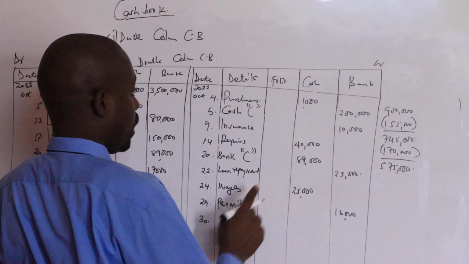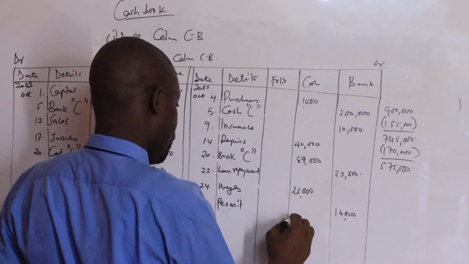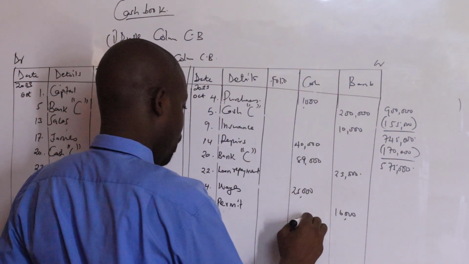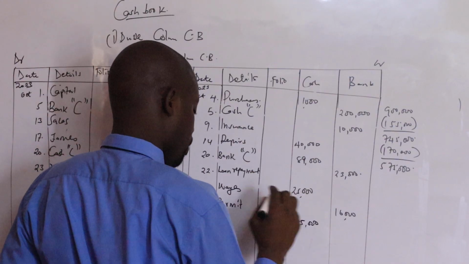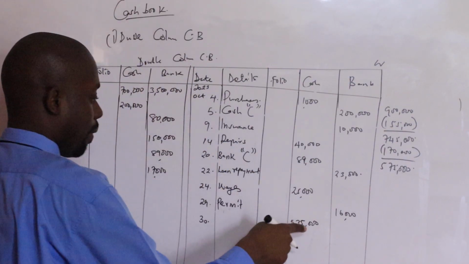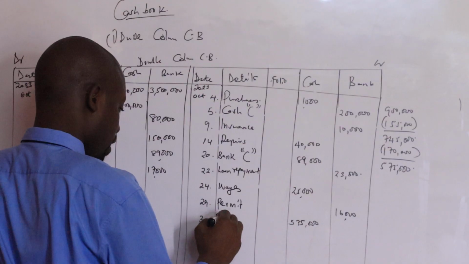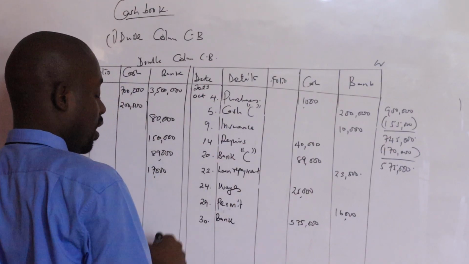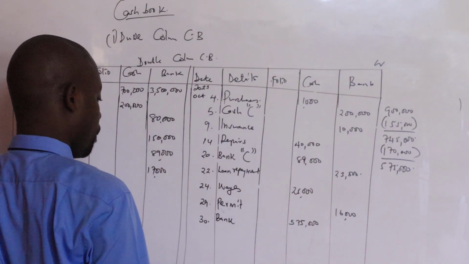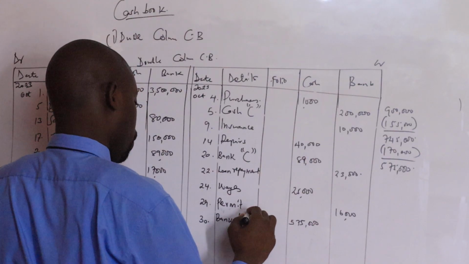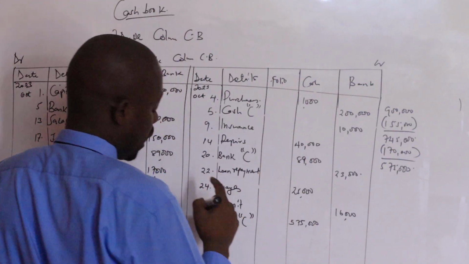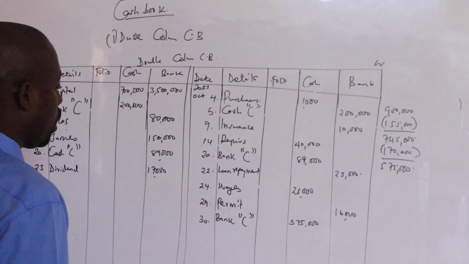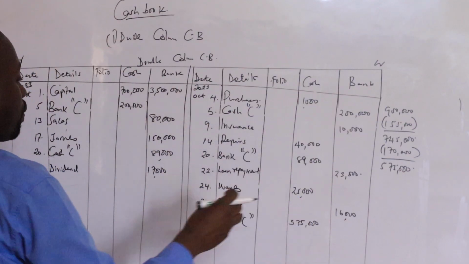Which account are we reducing? Cash. We are reducing it by 575,000. Where is the money going? It's going to the bank. And since this is a contra, I will put the marks there. We have now taken it from the cash till.